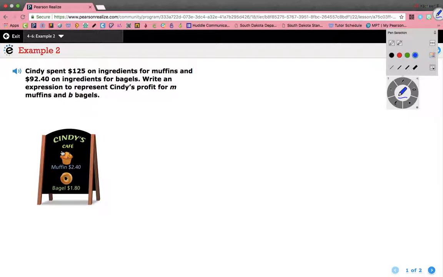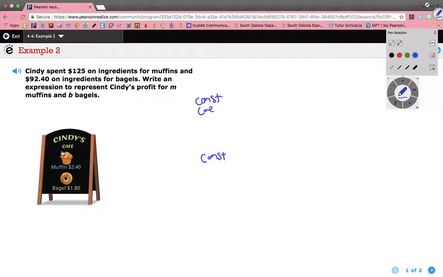So if we think about the constants and the coefficients, this lesson is all about adding two expressions. So I know there's going to be two constants, and I know there's going to be two coefficients. That's what we're learning.